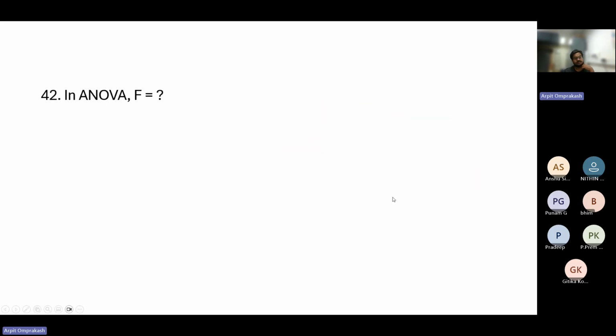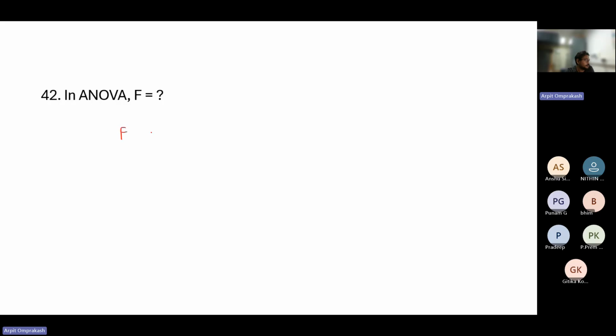And the next question is, in ANOVA, the F statistic is calculated as dash. So what is the formula for F? Yes.